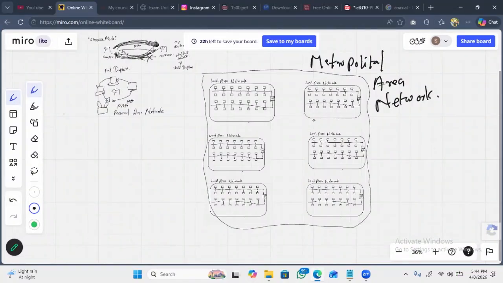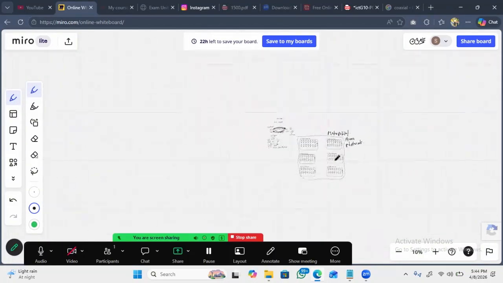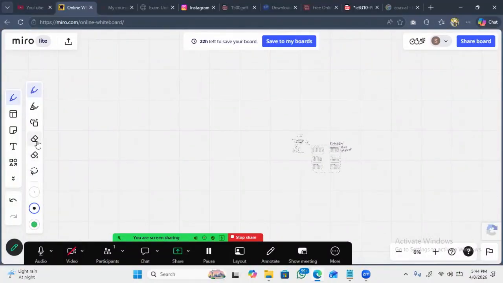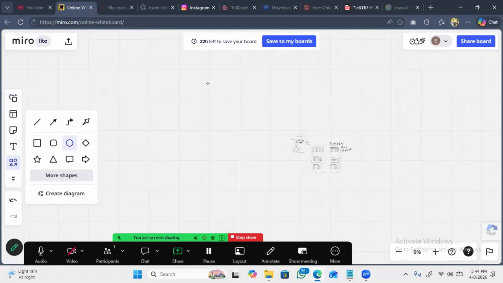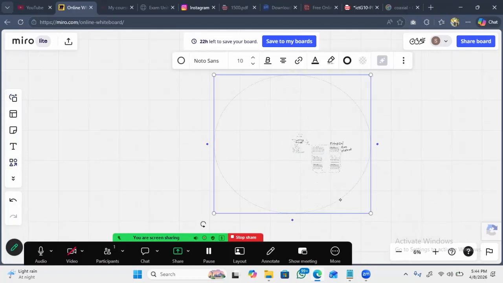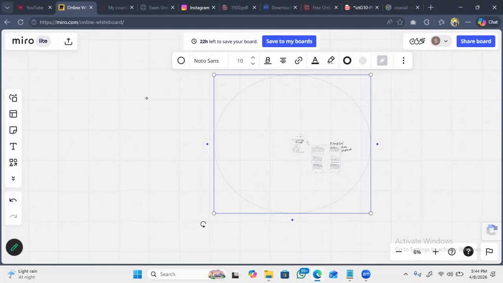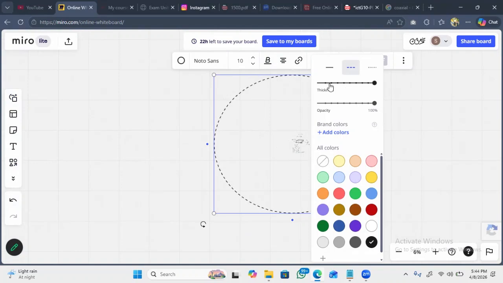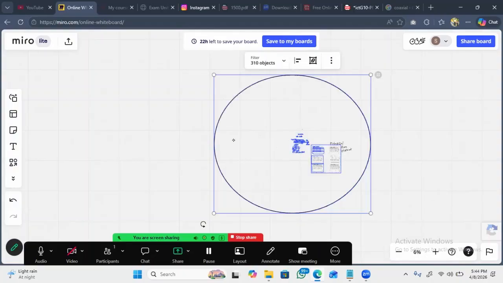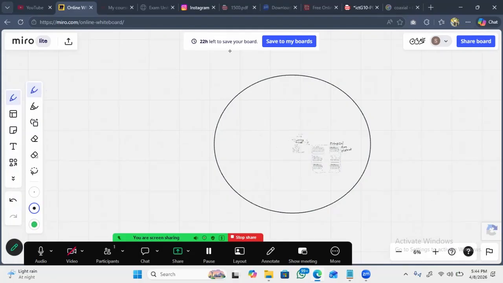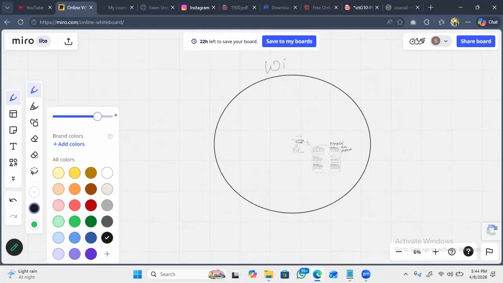And like this, if all the computers around the world are getting connected, around the world, now this becomes what?